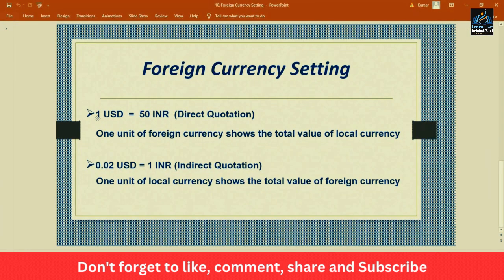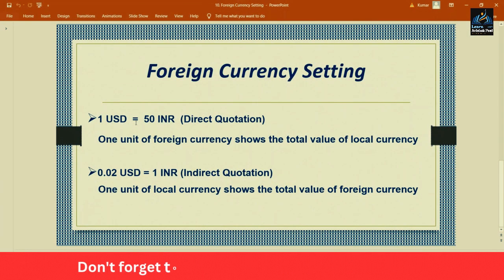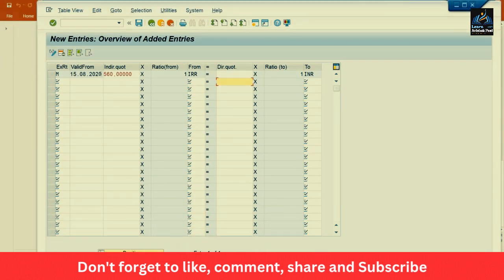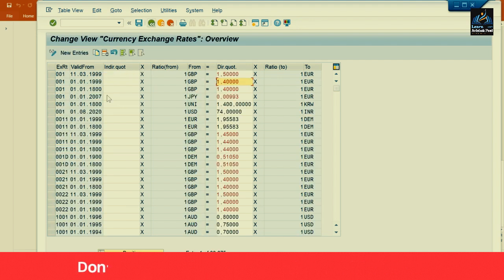Look here. This example I've quoted in the form of USD itself. For example, we can specify the rates in two ways.